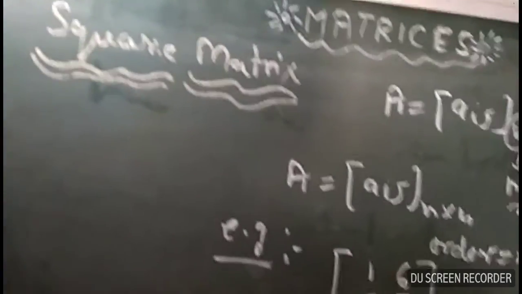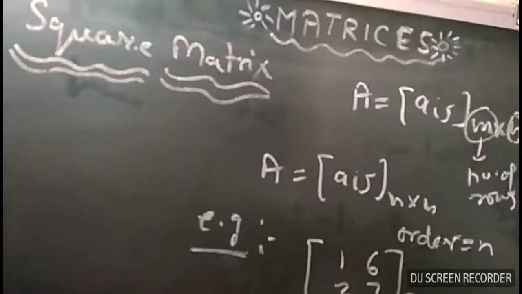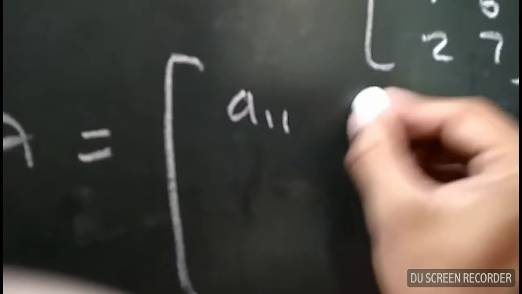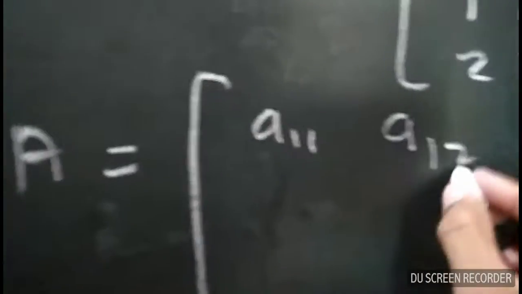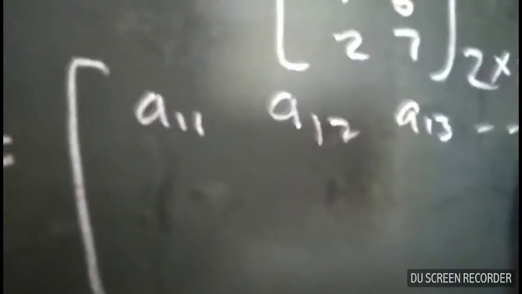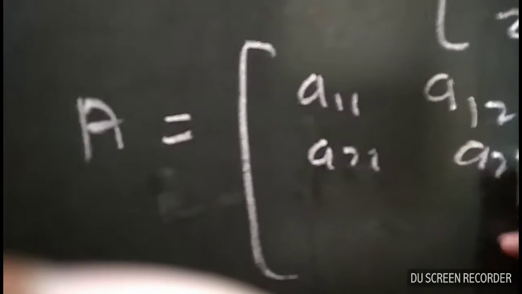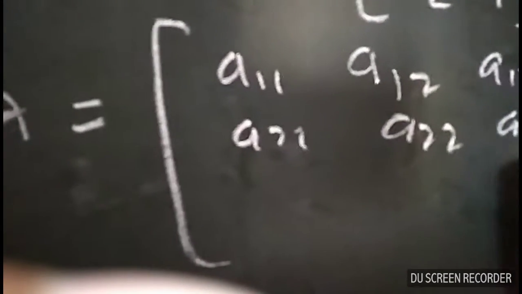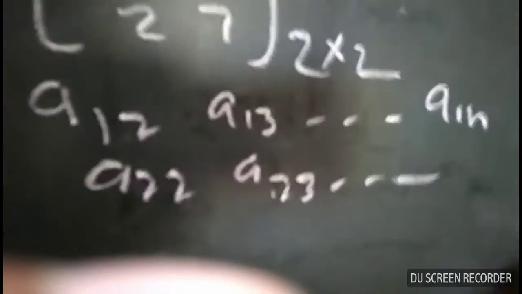Now we let a matrix A of order n cross n, and we write all the elements of the square matrix n cross n, that is a11, a12, a13 dot dot dot, a1n, a21, a22, a23 dot dot dot, a2n.